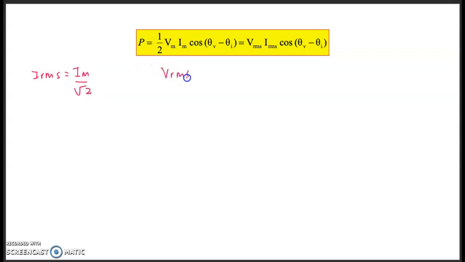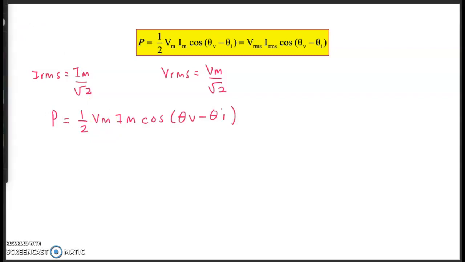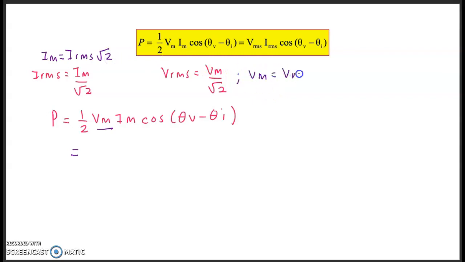Your Vrms is equal to Vm over square root 2. You know the average power just now is half Vm Im cosine theta V minus theta I. So how are you going to change this to become RMS? You just change Im to be Irms multiplied by square root 2, and the same for Vm, equal to Vrms multiplied by square root 2.